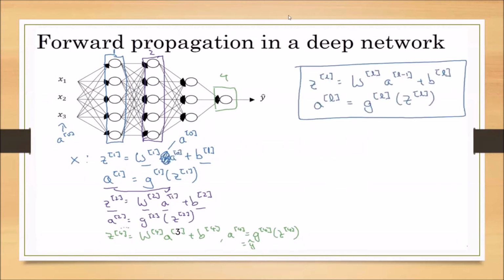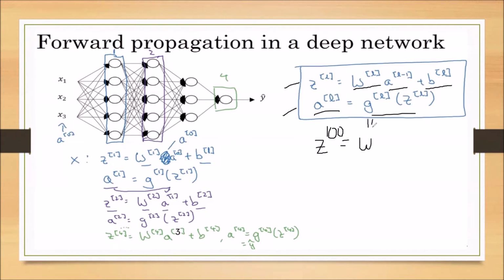Now, as we have already discussed for a single training sample and for M training samples, we are seeing the generalized form. For a single training sample, ZL is equal to WL times AL minus 1 plus BL, and from this, AL is equal to G of ZL. I want to apply it, for example, to the 100th layer. I want to know the Z values of the activation units in the 100th layer, so I write Z100.